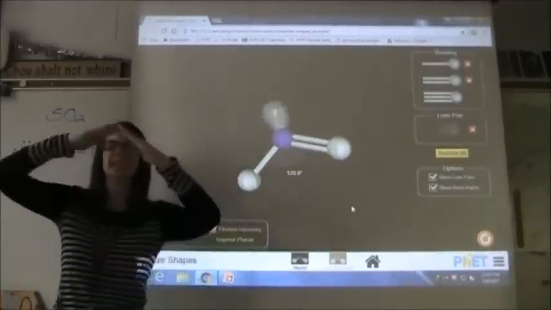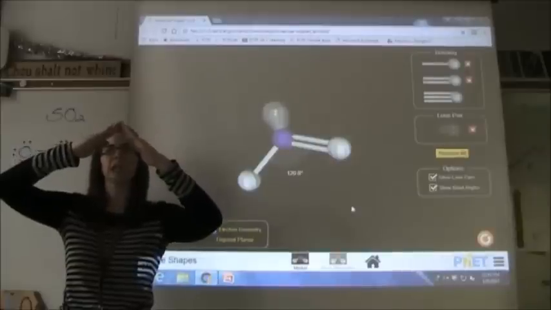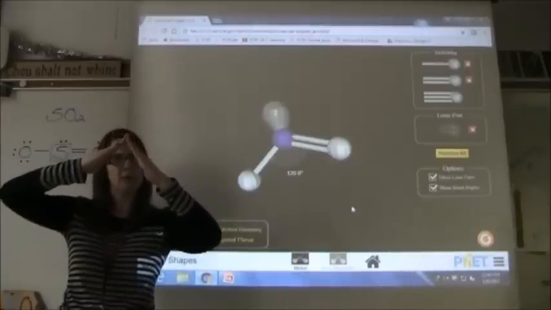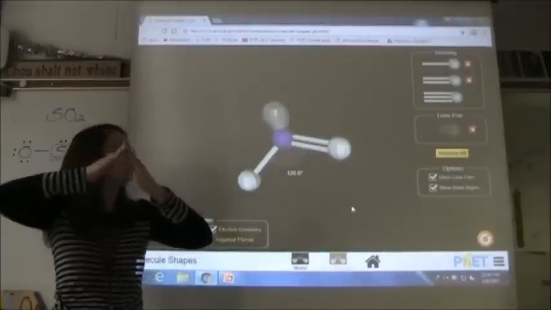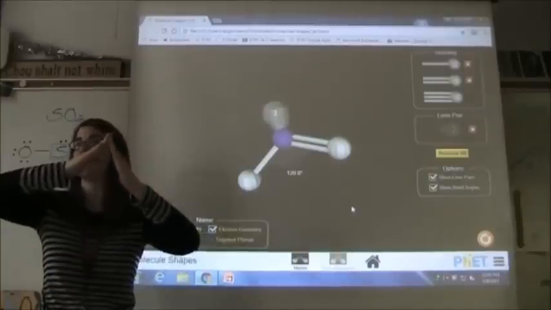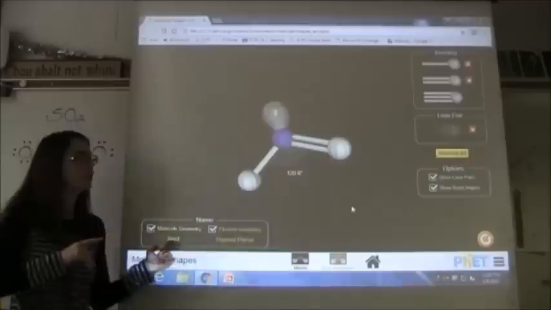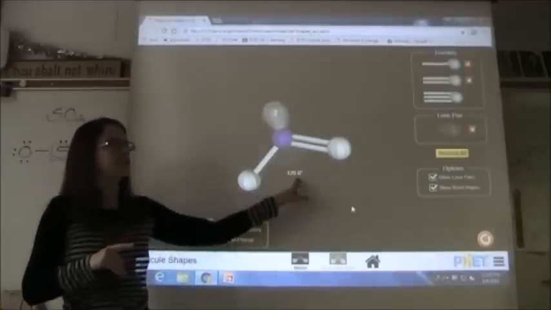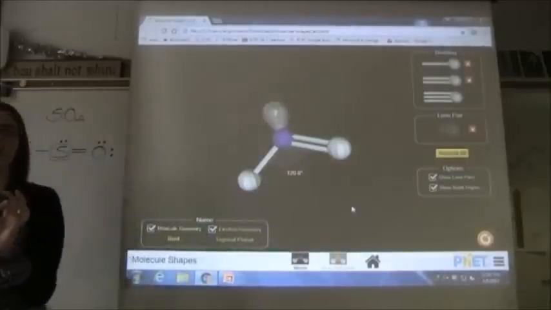These two are pushed a little bit closer together. So you don't have to give an exact number. For bond angle here, all you have to say is less than 120.